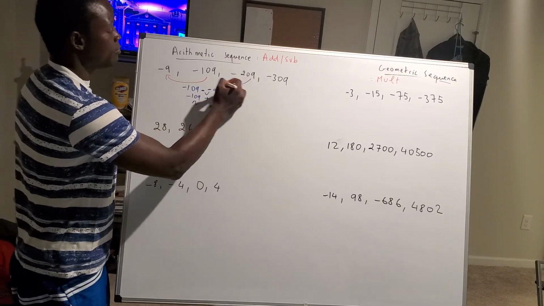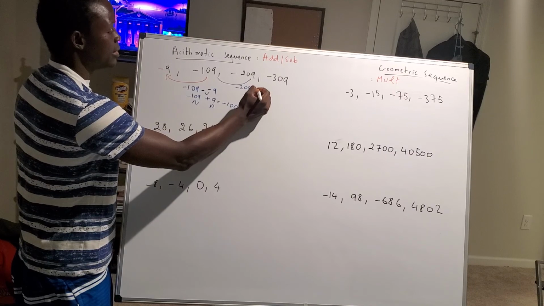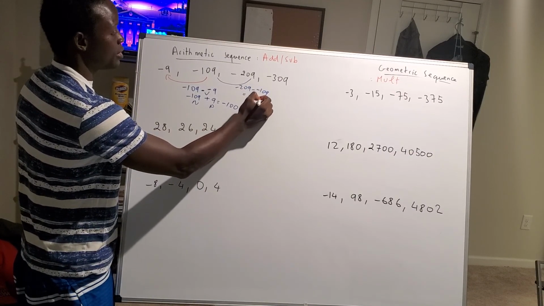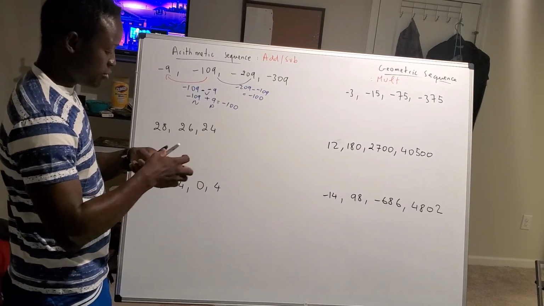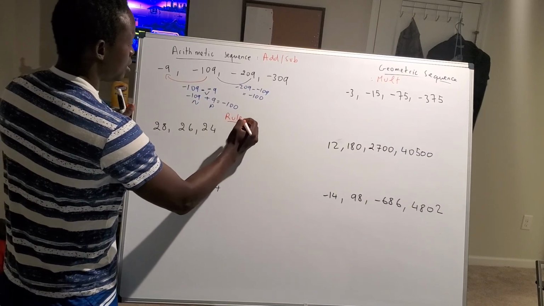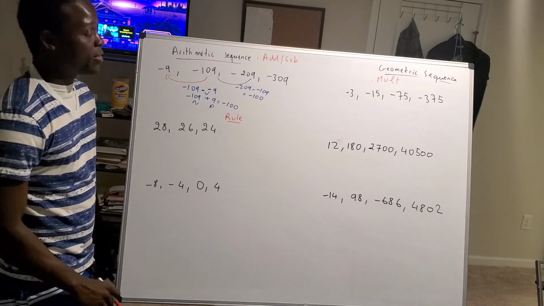And if you do it this way, same thing, negative 209 minus negative 109, you're gonna get negative 100. All right, so what does this mean? The rule is, so I'm gonna use a different color. The rule is, again, there's many ways you can say it.